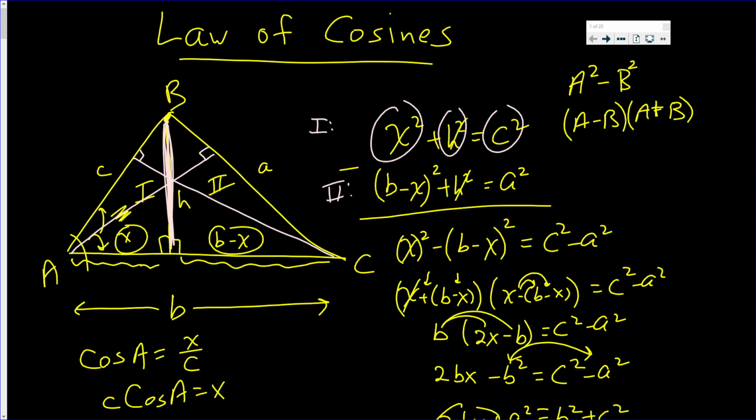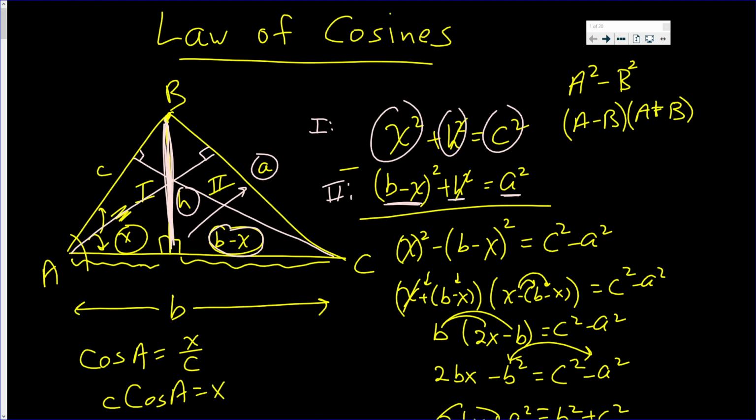From triangle 2, we did one leg squared plus the other leg squared equals the hypotenuse squared. This squared plus h squared is equal to the hypotenuse squared. So yes, the law of cosines is going to live up to the Pythagorean theorem. That's where we got it from.